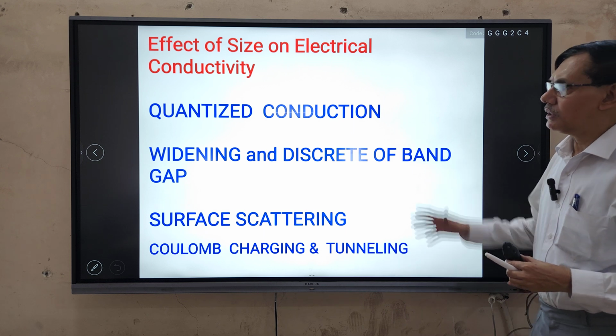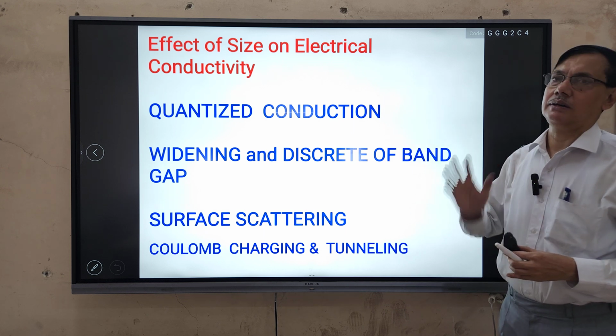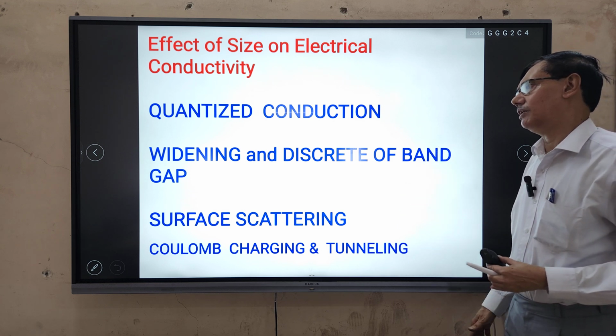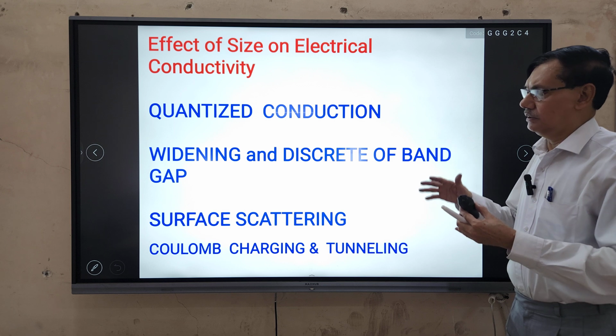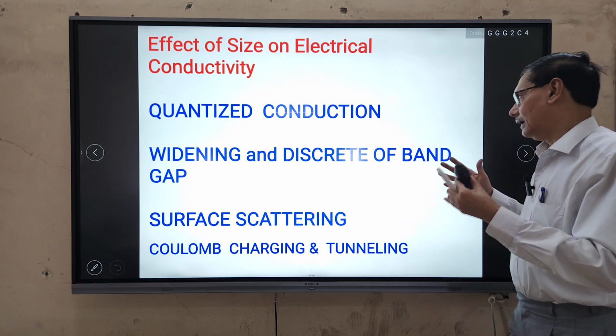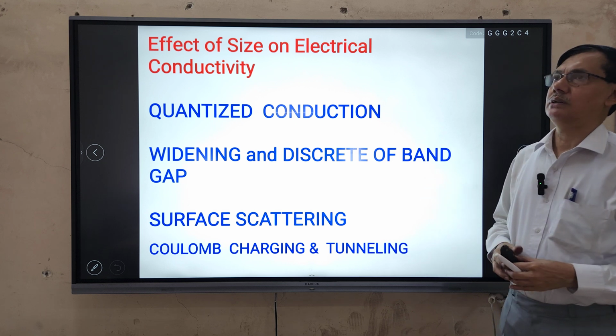The first point is quantized conduction. I'll explain these things. And of course you all know that the quantum confinement effect, the discrete energy levels, and widening of the band gap are also related to these things.